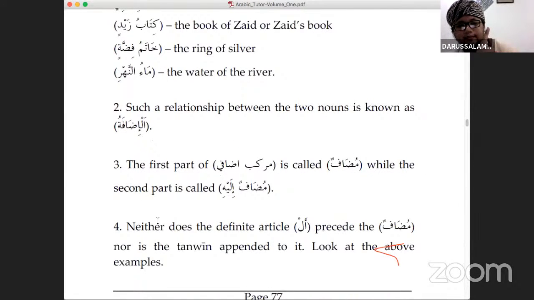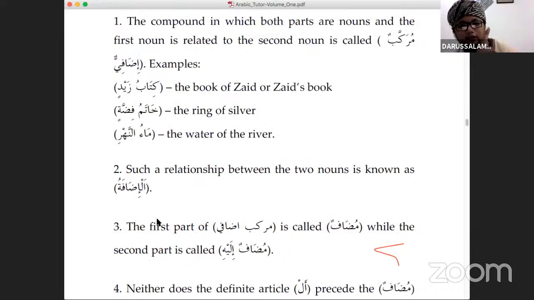Secondly, the mudaf cannot have a tanween. The mudaf, the first part, cannot have a tanween as well. So you cannot say kitabun zaidin, will be wrong. You cannot say khatamun fiddatin, will be wrong. You cannot say ma'un tanween and then an-nahar, will be wrong also.